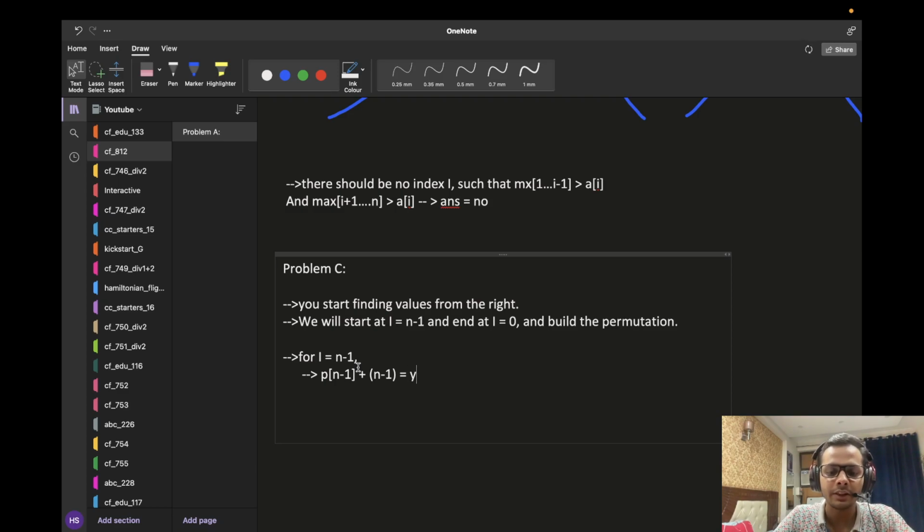So let's say it is y squared. Okay, so we want something like this. This means that p of n minus 1 is nothing but some number y squared minus n minus 1. That's true, right? So what we'll do is we will find the smallest y such that this condition is satisfied.